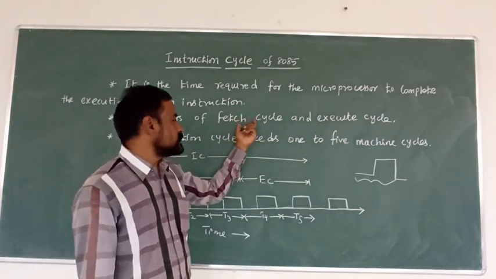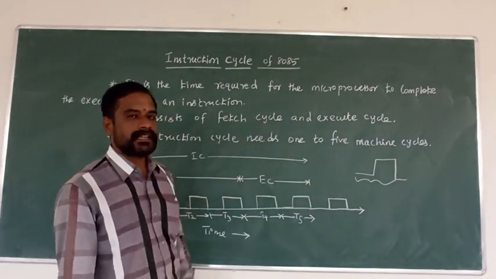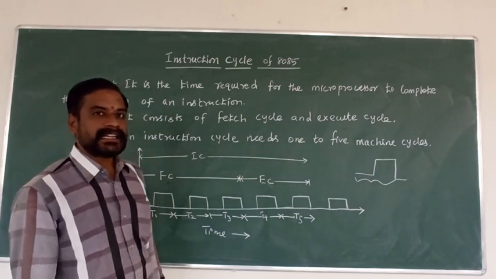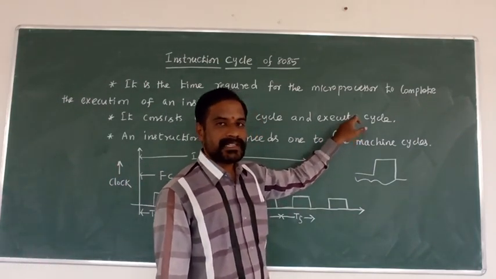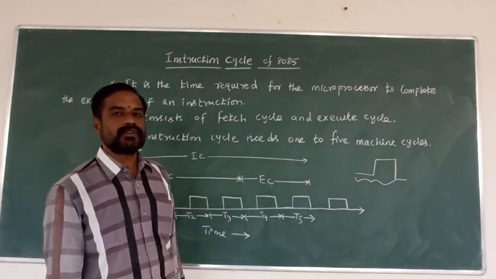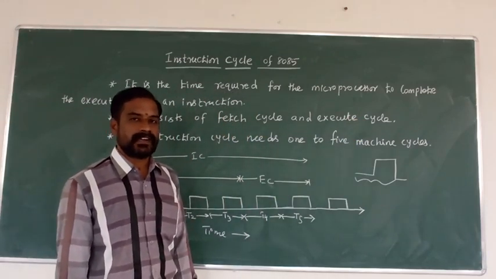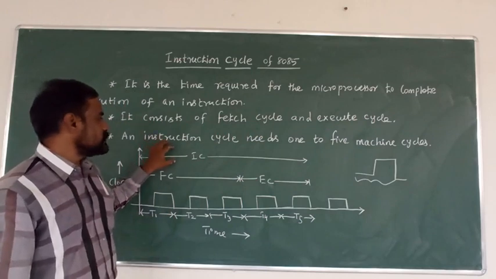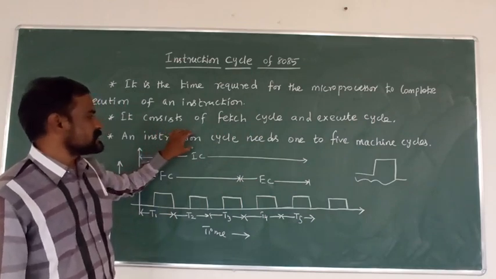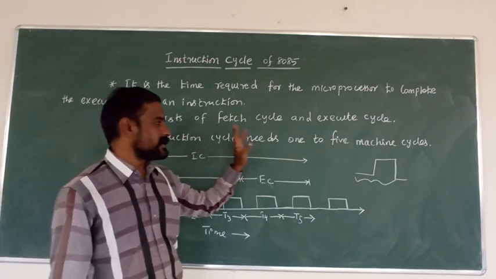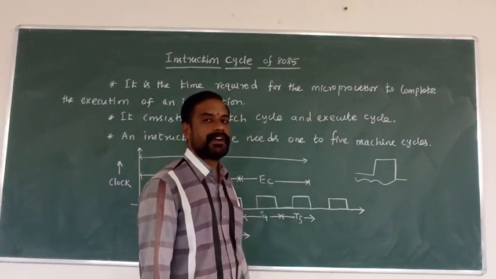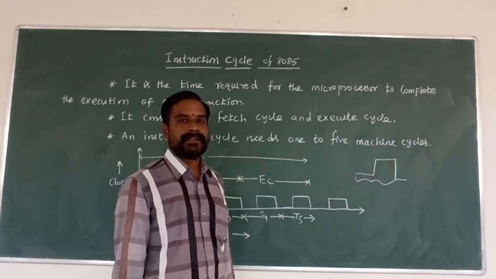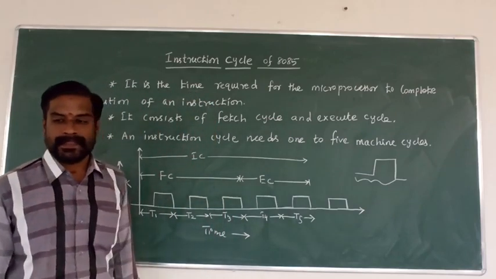To execute the fetch cycle, it requires 3 T states, and to execute the execute cycle, it requires 2 T states. Now to execute one instruction cycle, it requires a minimum of 1 machine cycle and a maximum of 5 machine cycles.